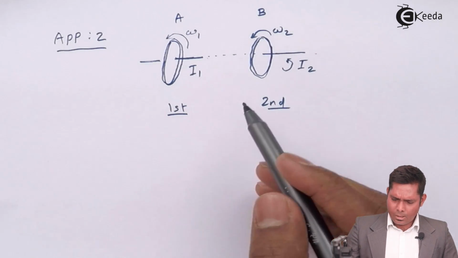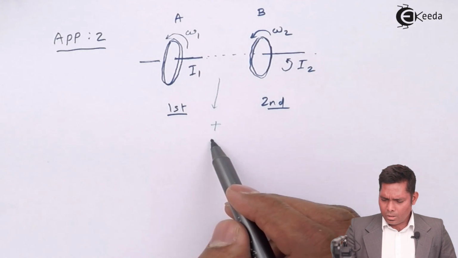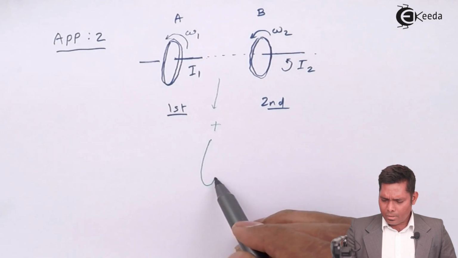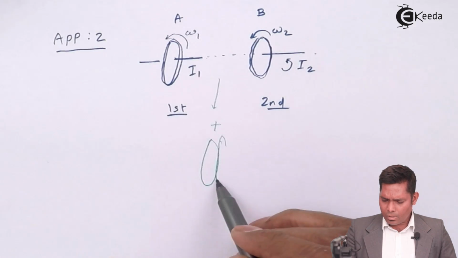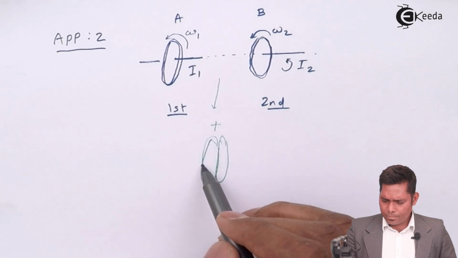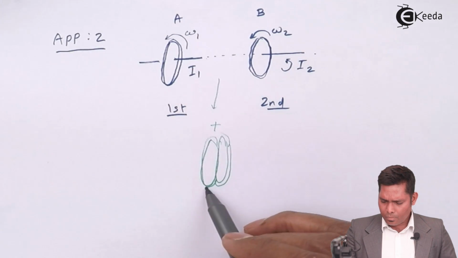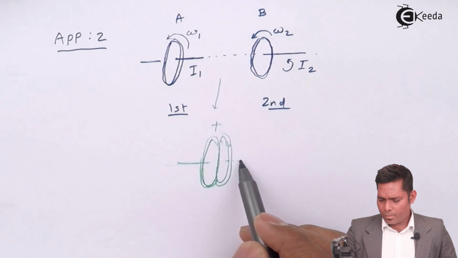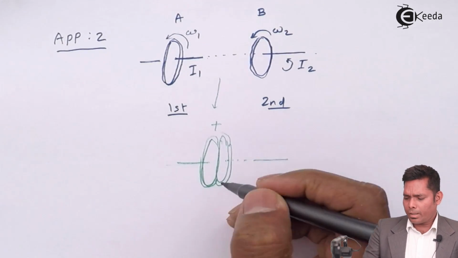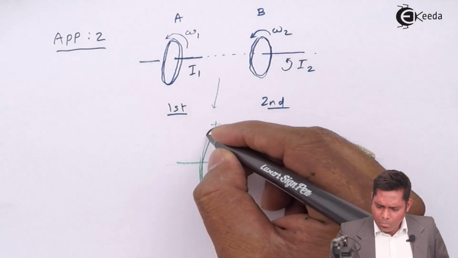In this situation, when they are placed together, the diagram is something like that. That one wheel and there is another wheel connected together, and they will have a common omega.